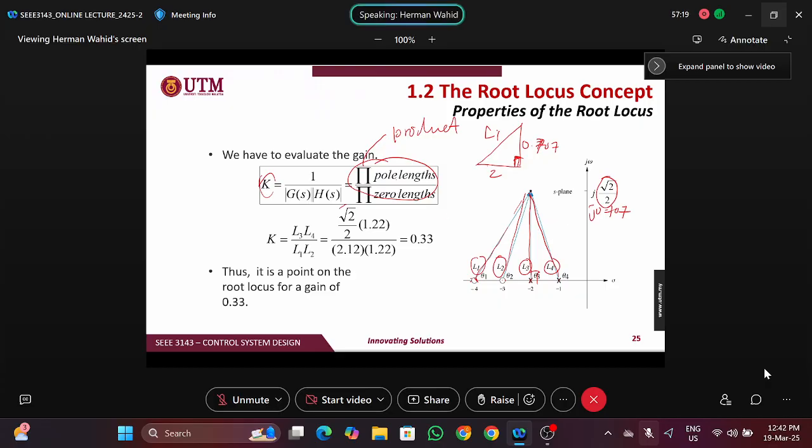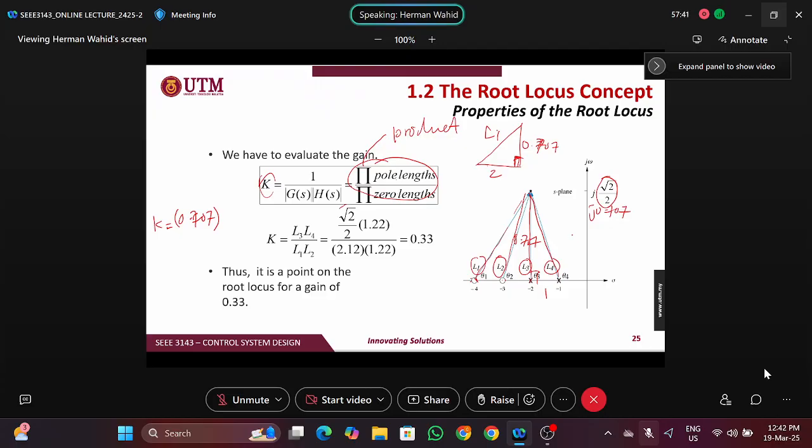I can write it here. Okay, and then the next one is L4. So L4 is at this part. Okay, so L4 is basically, we have 0.707, and this is equal to 1.